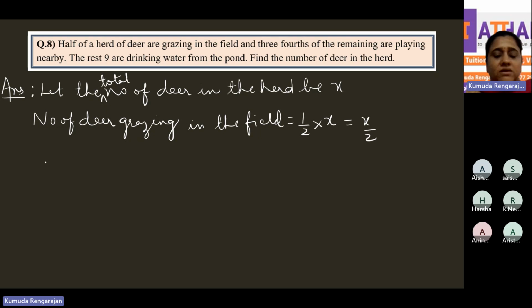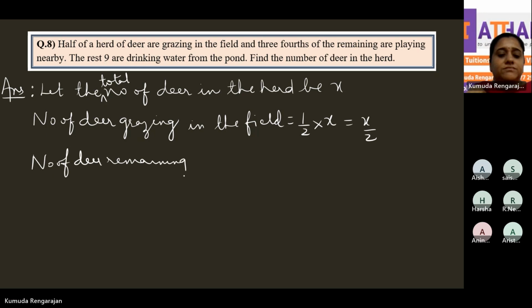Now, what is the remaining? How many are remaining? It is the total minus this one.